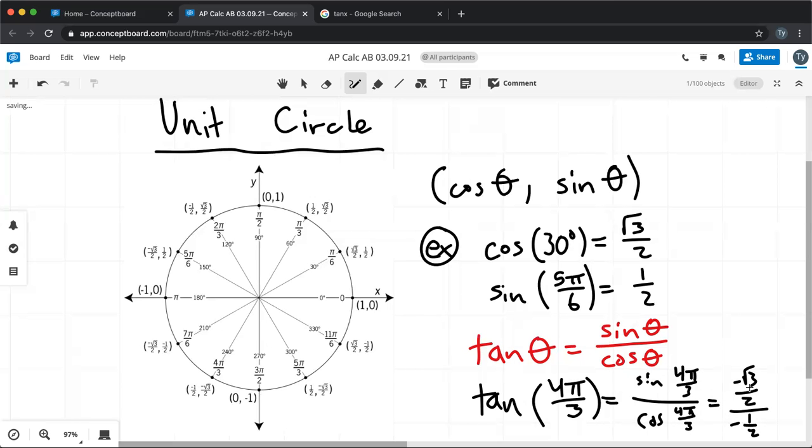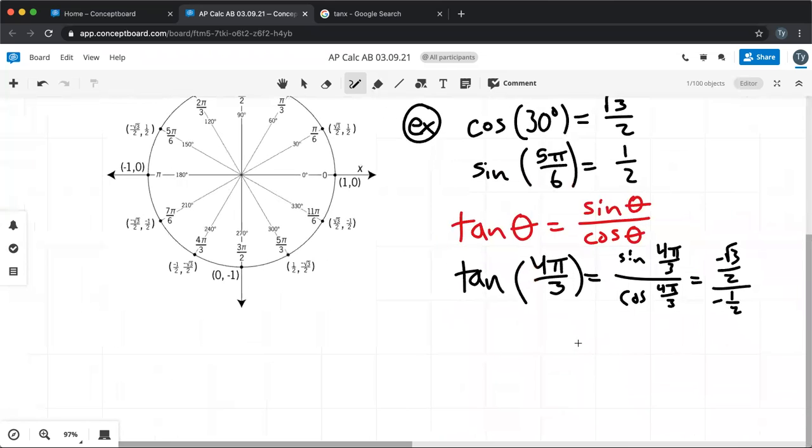And then you can simplify this by dividing two fractions. We have a complex fraction. What we do here is we flip the denominator and multiply. When we do this, you can see that you cancel these out. The negatives become a positive, and we're left with root 3 over 1, or just root 3. So it's a little more work for tangent. Not too bad, but a little more work.